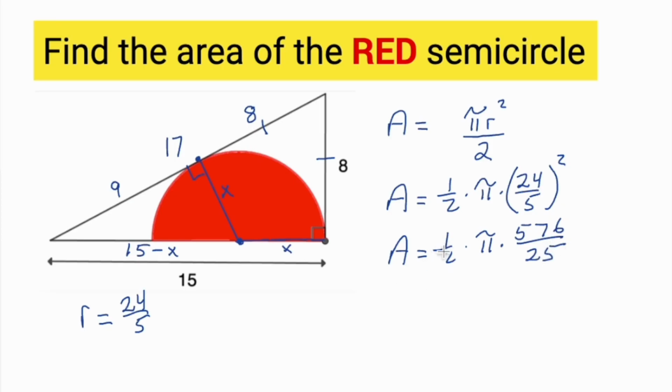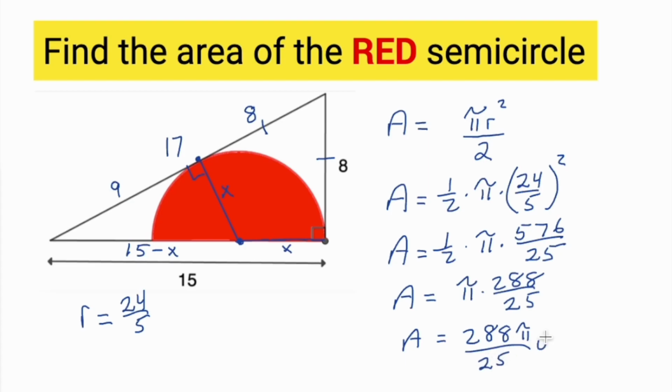Now I'm going to take the 1/2 of the 576. And once I simplify everything, I find out that the area of the red semicircle is going to be 288 pi over 25 units squared.